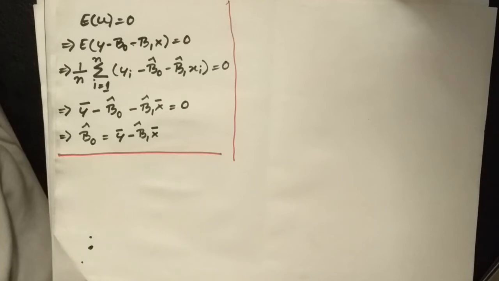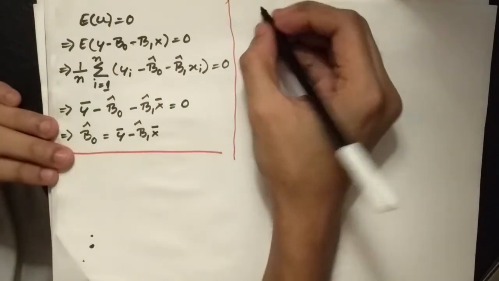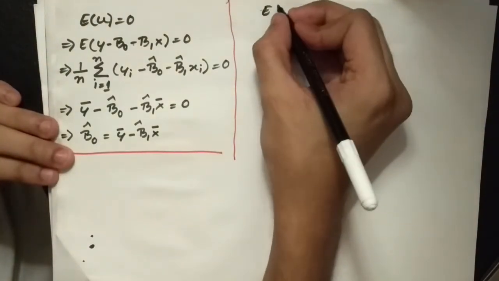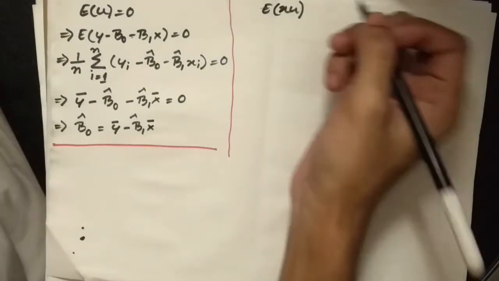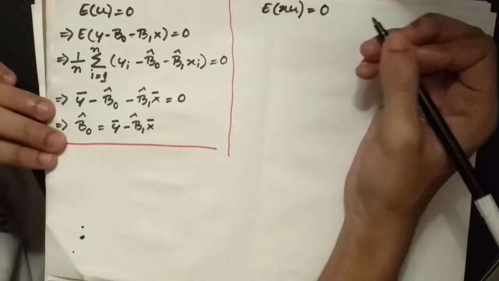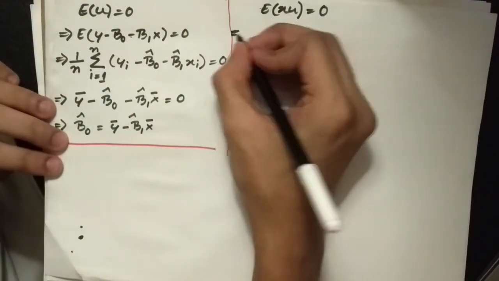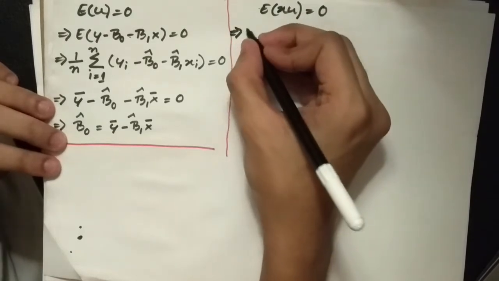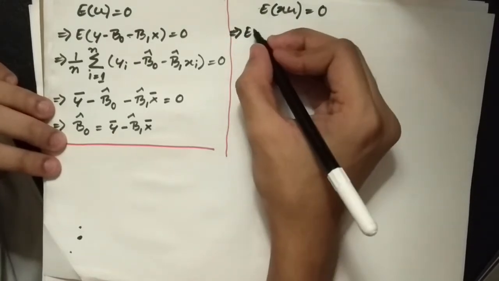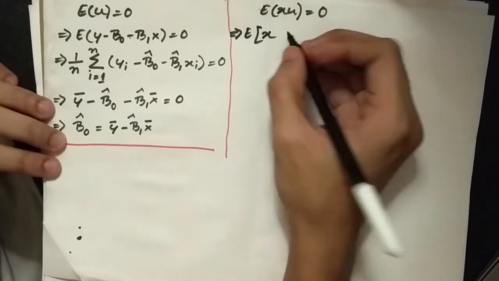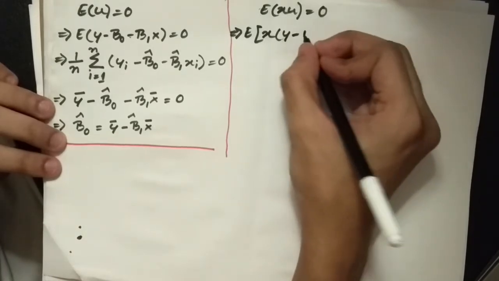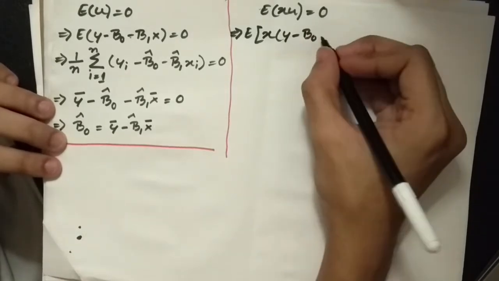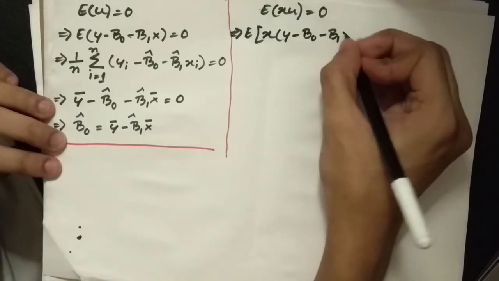Our second assumption says that the expected value of xu equals 0. So we can write this as the expected value of x times y minus beta naught minus beta 1 x equals 0.